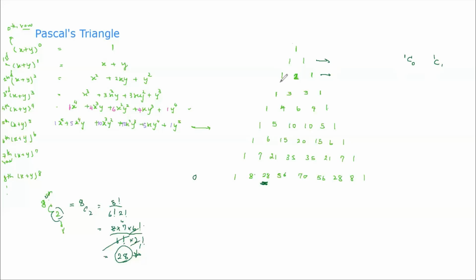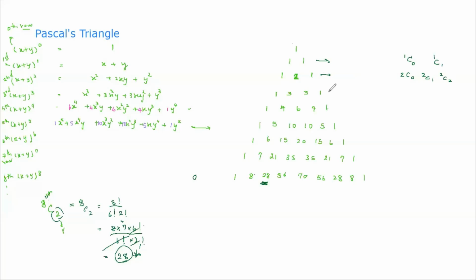This one always starts the second row, so you have 2C0. The middle term is going to be 2C1, and the one here is going to be 2C2. Then you can use a calculator. 2C0 is 1, 2C1 is equal to 2, and 2C2 is equal to 1.